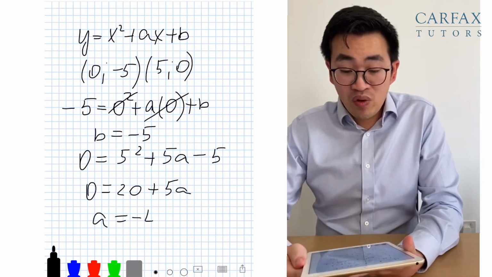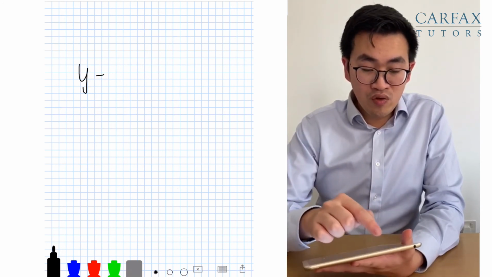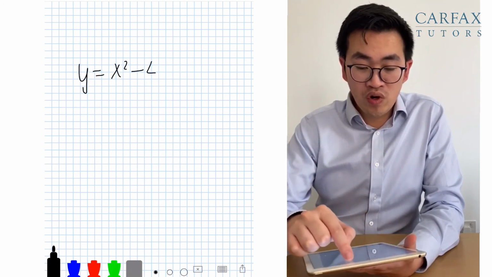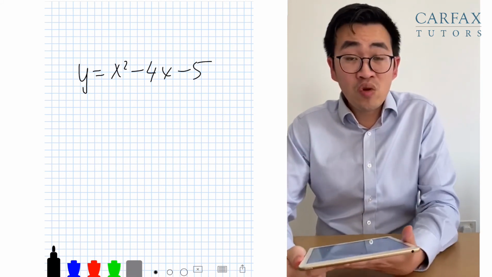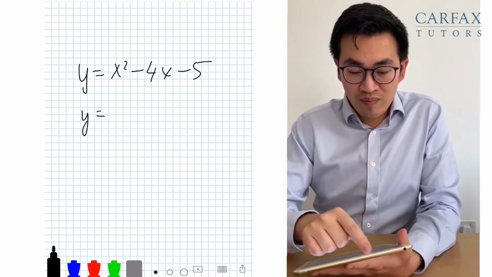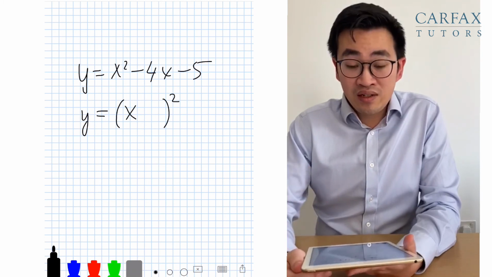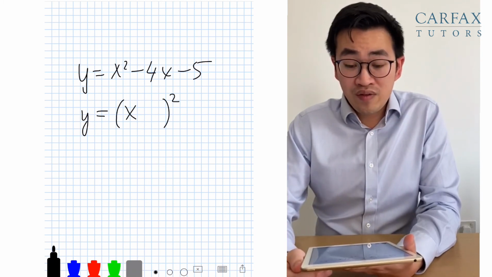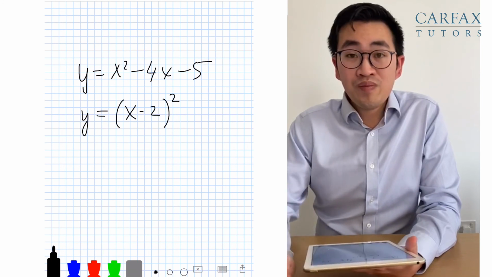Okay, so now that we have this, we can rewrite our equation as y equals x squared minus 4x minus 5. And we're just completing the square of this one. So let's complete the square of this one. First step, put the bracket, put the squared, put the x, and then we have half the coefficient of x, so that's x minus 2.